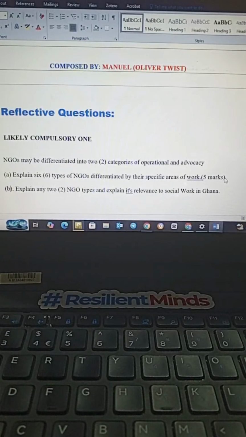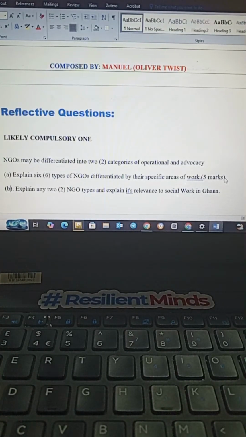Don't forget INGO. Now, the last NGO type is what? CSO. CSO stands for what? Civil Society Organizations. So when you see CSO anywhere, the full meaning is civil society organizations.